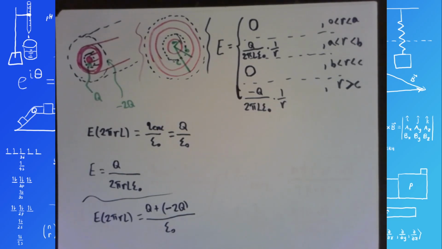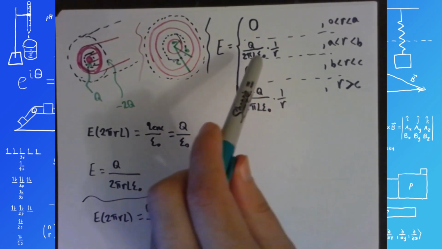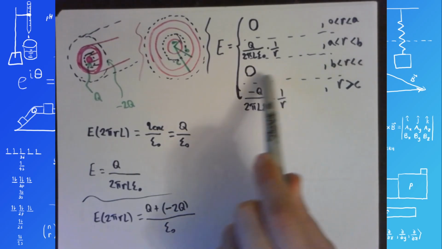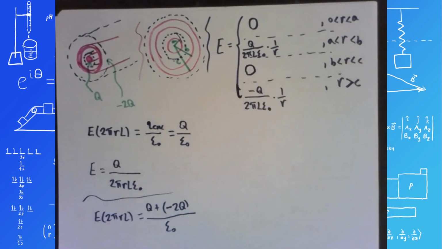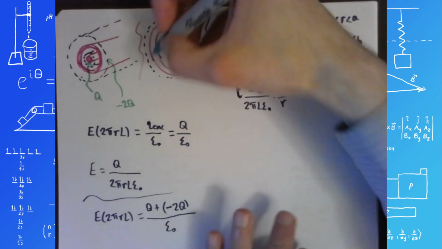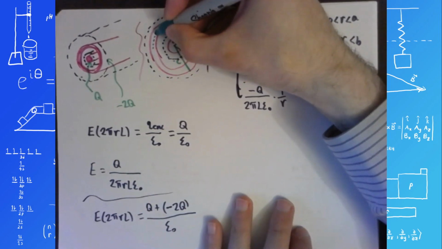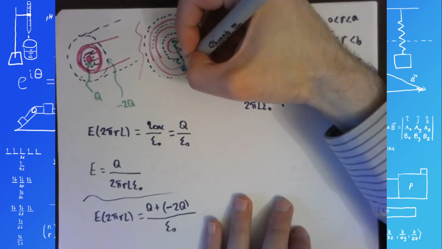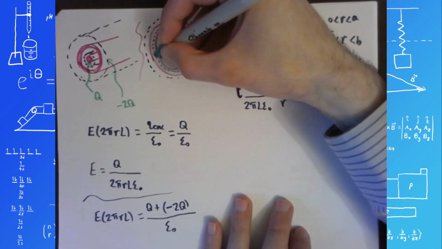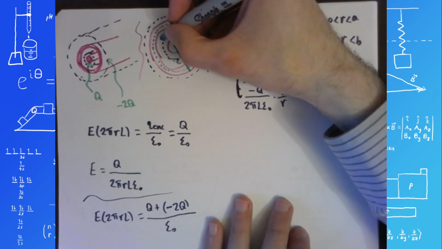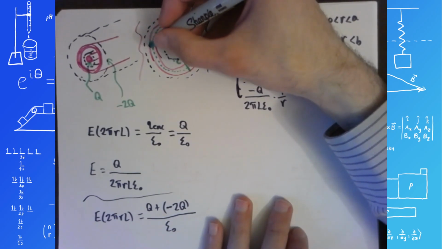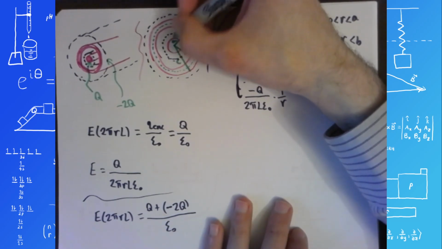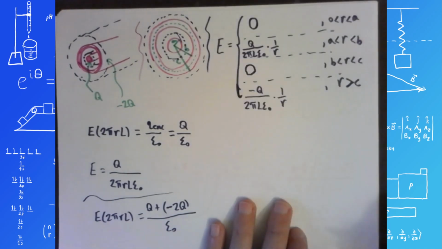Well, we know because the electric field in our third region of interest has to be 0, we know that if I were to draw a Gaussian cylinder here that encloses the inner surface of the outer cylinder plus the entirety of the inner cylinder, I know that the charge enclosed must be 0.